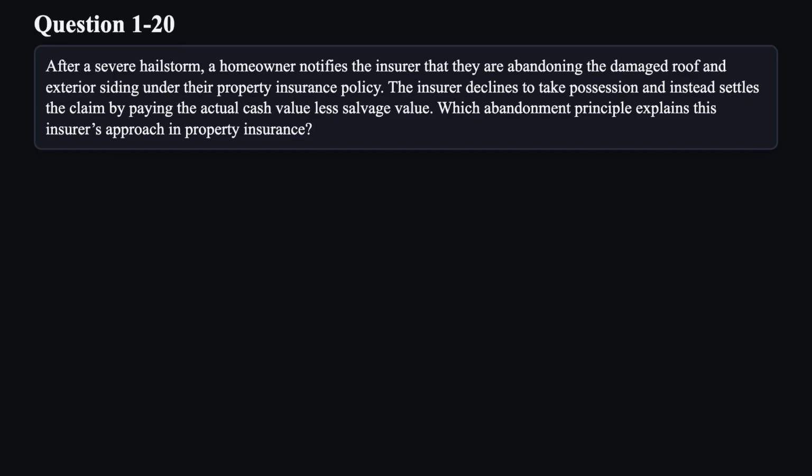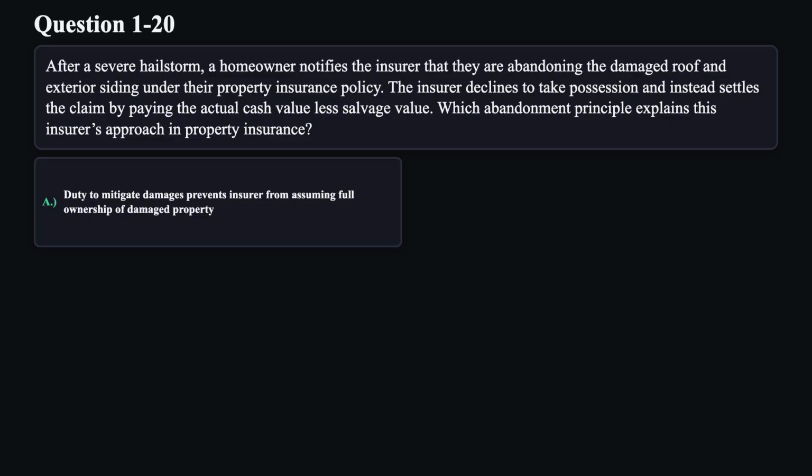Question 20. After a severe hailstorm, a homeowner notifies the insurer that they are abandoning the damaged roof and exterior siding under their property insurance policy. The insurer declines to take possession and instead settles the claim by paying the actual cash value less salvage value. Which abandonment principle explains this insurer's approach in property insurance?